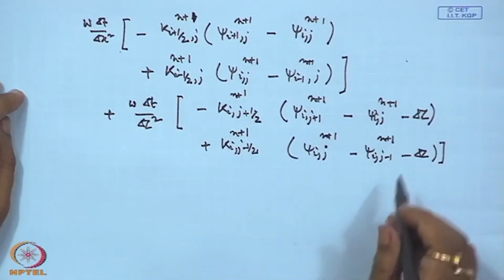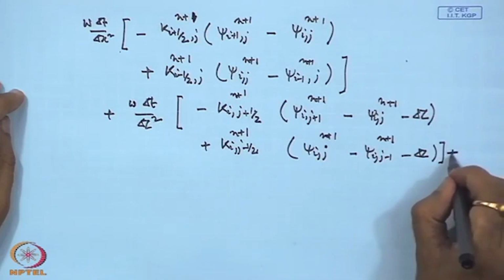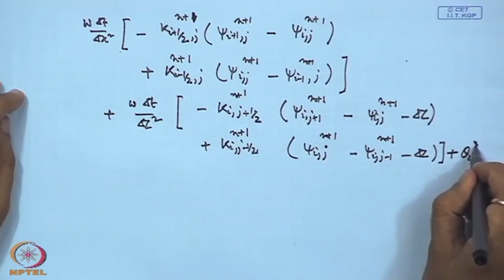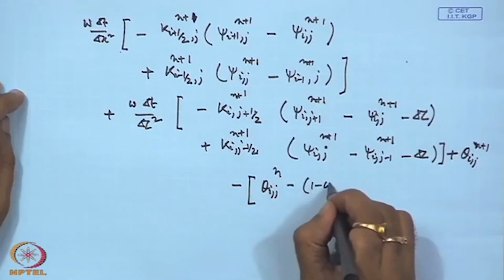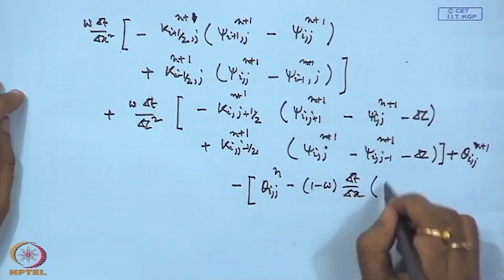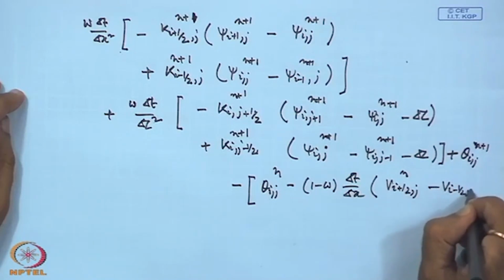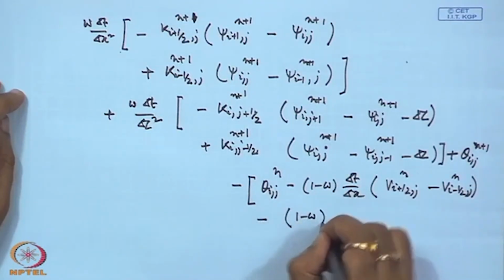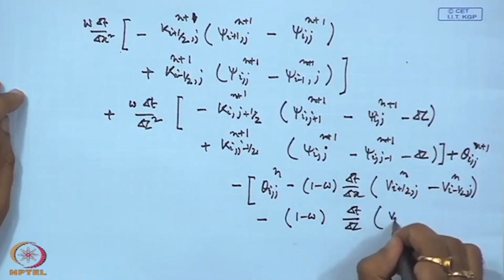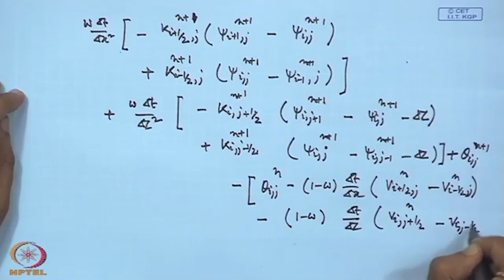So, with this another term will be there, that is theta i j n plus 1 minus theta i j n, 1 minus w, this is del t by del x, this is V i plus half j n, V i minus half j n, minus 1 minus w, this is del z, V i j plus half n minus V i j minus half n equal to 0.